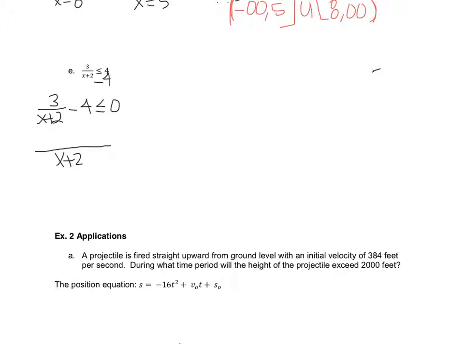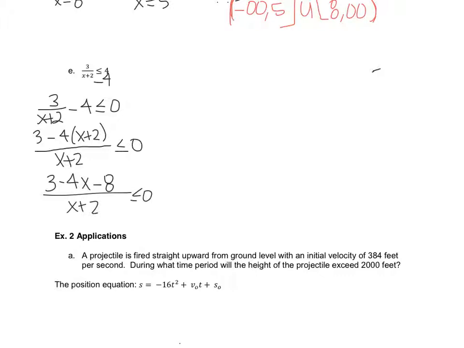So 3 minus 4 times x plus 2 is less than or equal to 0. 3 minus 4x minus 8 over x plus 2 is less than or equal to 0.